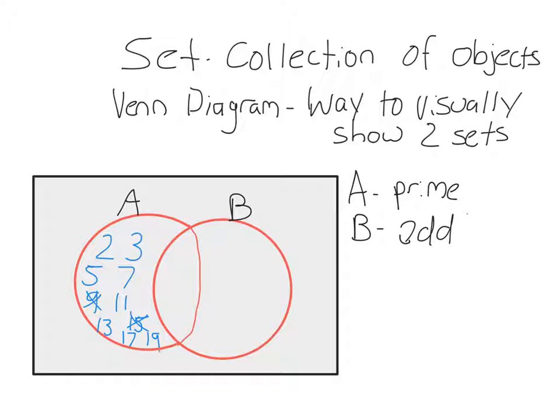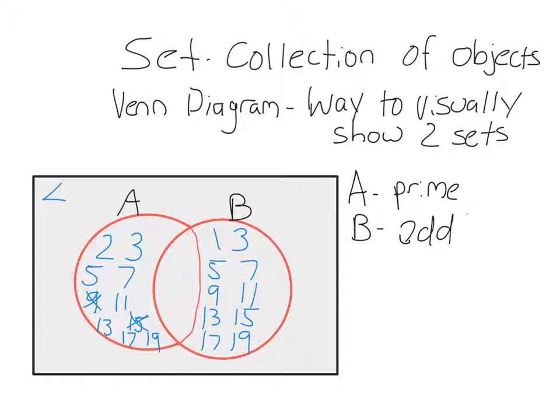I'll put in all the odd integers. So it's just 1, 3, 5, 7, 9, 11, 13, 15, 17, and 19. What goes outside the two circles are all the numbers that are in neither set. These would be the numbers that are neither prime nor odd, the numbers I haven't already written down.